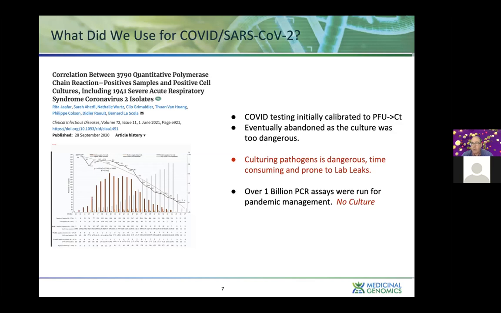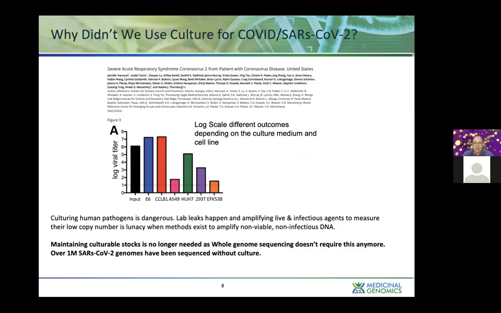If your assay requires making billions of copies of a pathogen to measure a single one of them, they're going to be pushing you toward PCR because you can replicate these things, measure them without them being infectious using genomics. So I'll reiterate, over 1 billion of these PCR assays were done in the last year without any culture. And they were still able to sequence millions of these genomes without having to culture a single one of them.